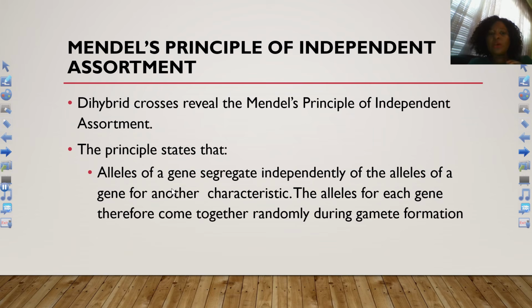So the alleles for the gene, for example, for seed color, will segregate independently of the alleles of the gene for seed shape. And then when the alleles come together during fertilization, the alleles for each gene therefore come together randomly during the formation of gametes.